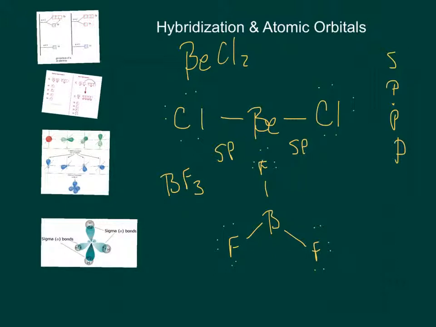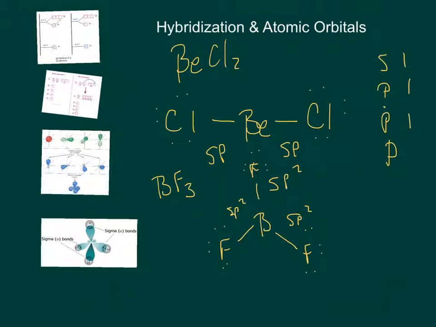And what we can say is that we have 3 bonds, so it involves 1 s and 2 p's. Each of them are identical, which means each one of these is an sp2. sp2, sp2. So there's 3 sp2 bonds.